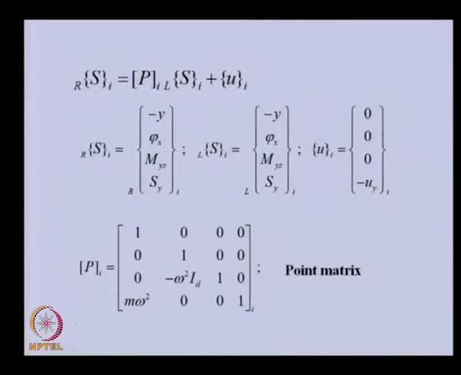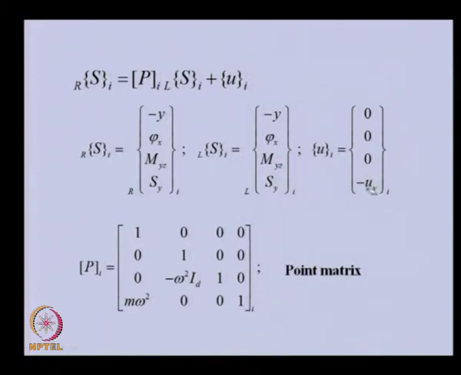Now, we can combine these similar to the field matrix. You can see that this is the point matrix, which comes from various coefficients of these state vector components, and we have an additional vector, the unbalanced vector, which comes from the unbalanced force, because we have stacked the shear force at the last.